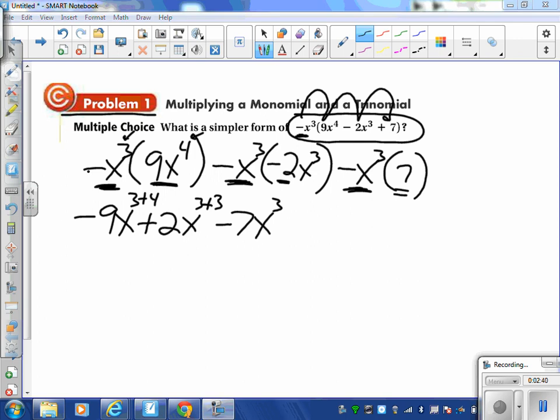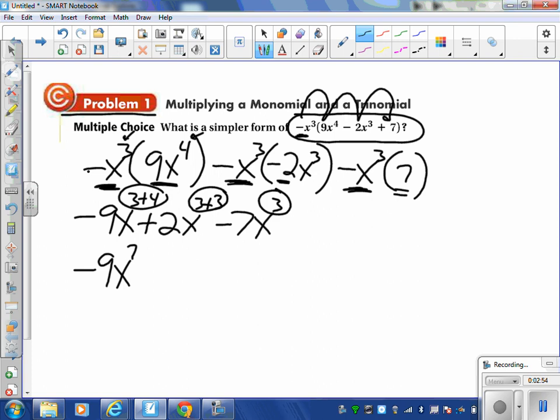Our next step in doing this problem, we're going to add the exponents in each one of these terms. We have negative 9x to the 7th power, since 3 plus 4 is 7, plus 2x to the 6th, since 3 plus 3 is 6, minus, there's no adding the exponents there, so it's just minus 7x to the third power.